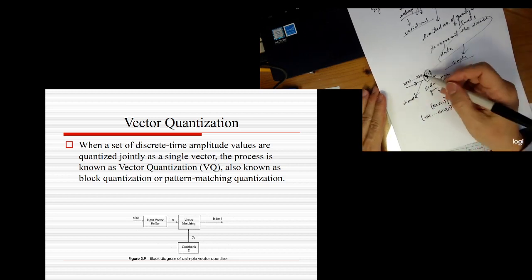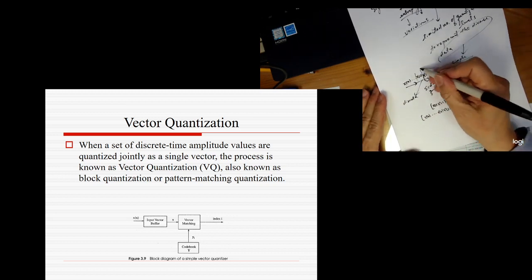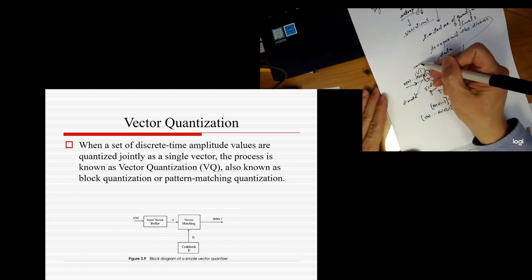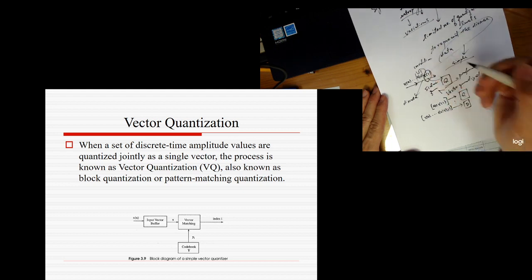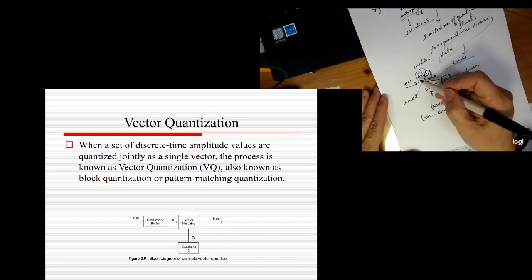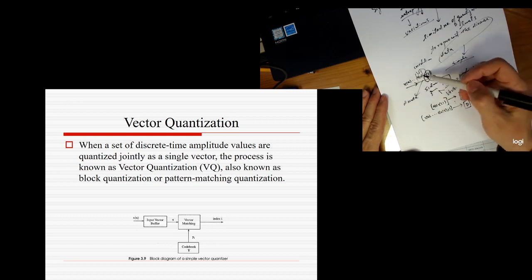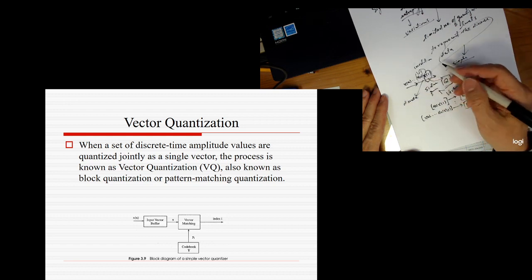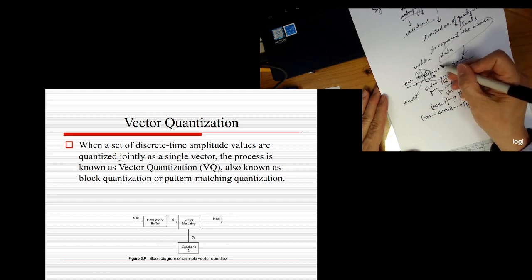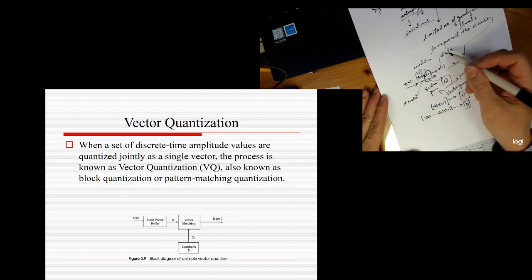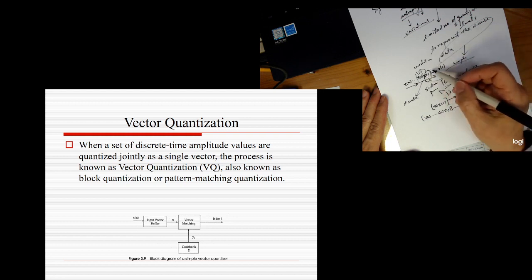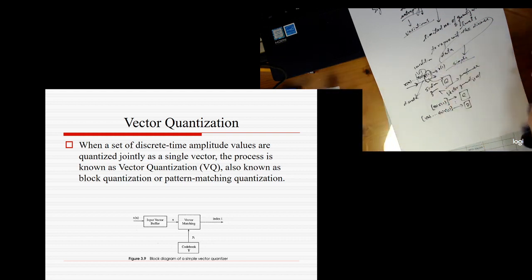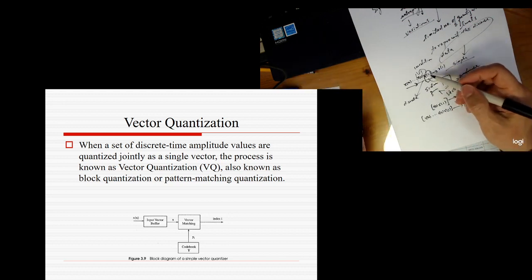We partition the samples and do not consider that they have some correlation; we quantize them independently. In the previous discussion, we tried not to quantize the original signal but the residual signal, using neighboring signals for subtraction and prediction to make the dynamic range smaller. So that considers neighboring correlation a little bit.